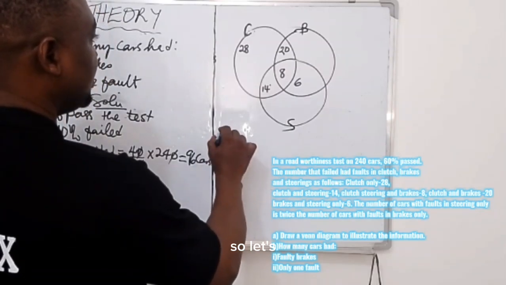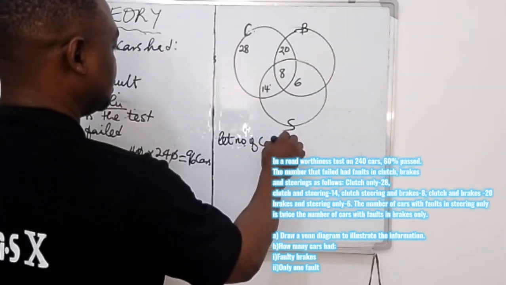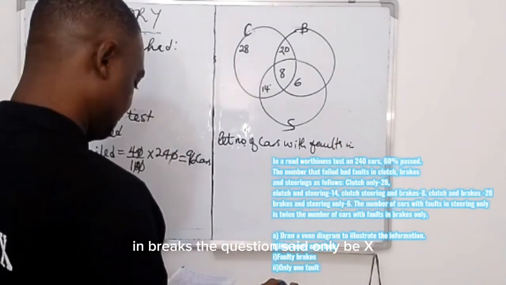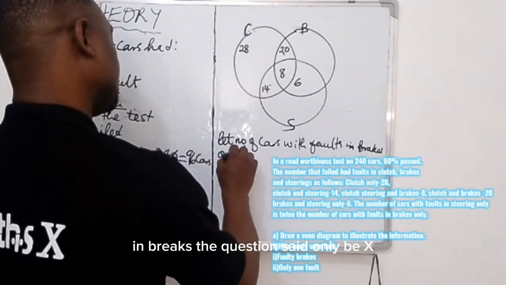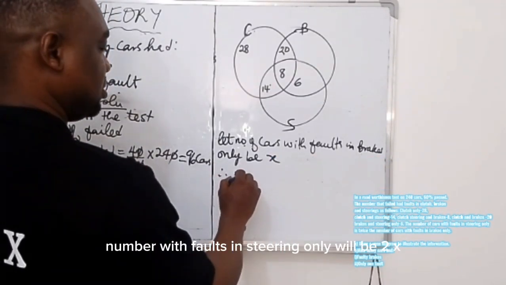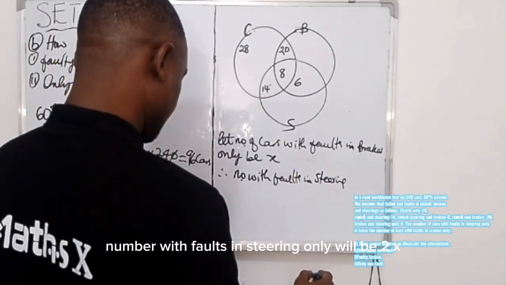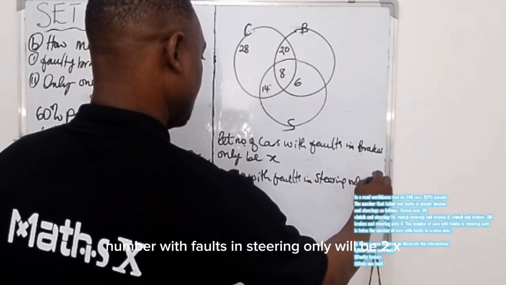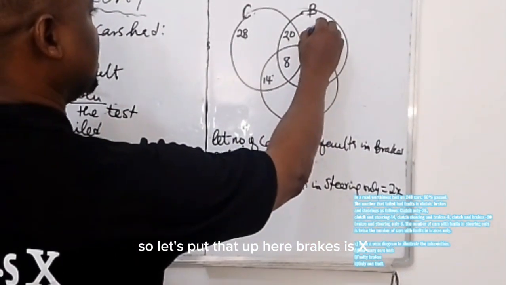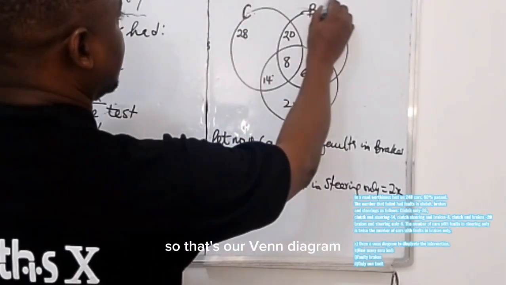So let the number of cars with faults in brakes, the question said only, be X. Therefore, the number with faults in steering only will be 2X. So let's put that up here. Brakes is X, steering is 2X. We should draw our Venn diagram. So that's our Venn diagram.